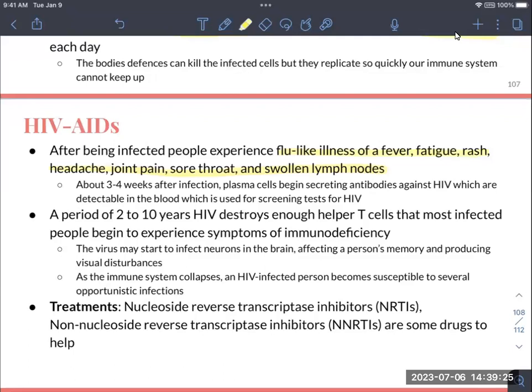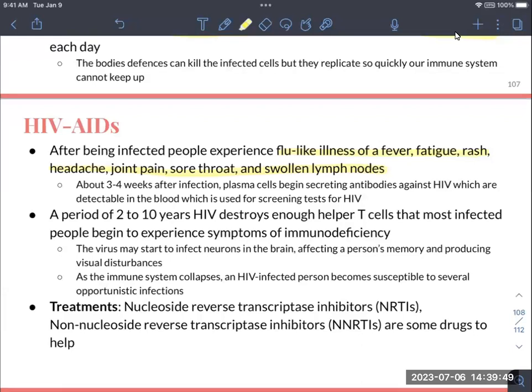We can detect them in the blood. So you can screen for HIV with blood tests, but it does take 3 to 4 weeks before you can actually detect it. That's kind of the scary part. It takes time before your body can detect that it's actually there.